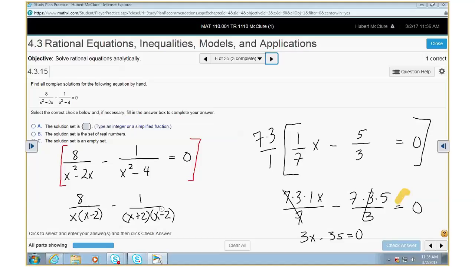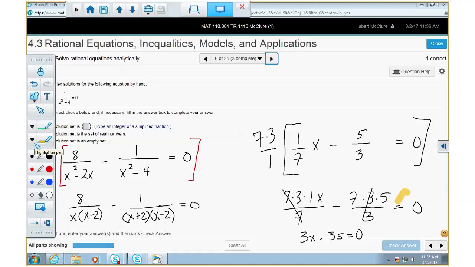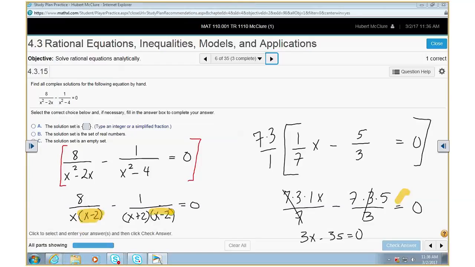Now we can just go ahead and... These really have nothing in common except one thing, and what is that? The x minus 2. So I'm going to take my highlighter, and that's the only thing we have in common. Now, the x and the x plus 2 have nothing in common, so what are you going to do with it? Put it together.